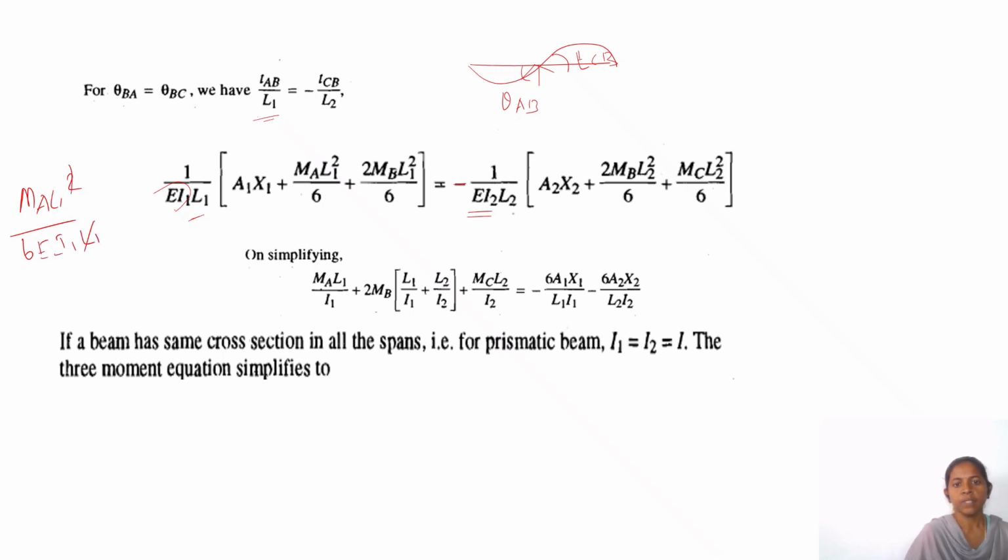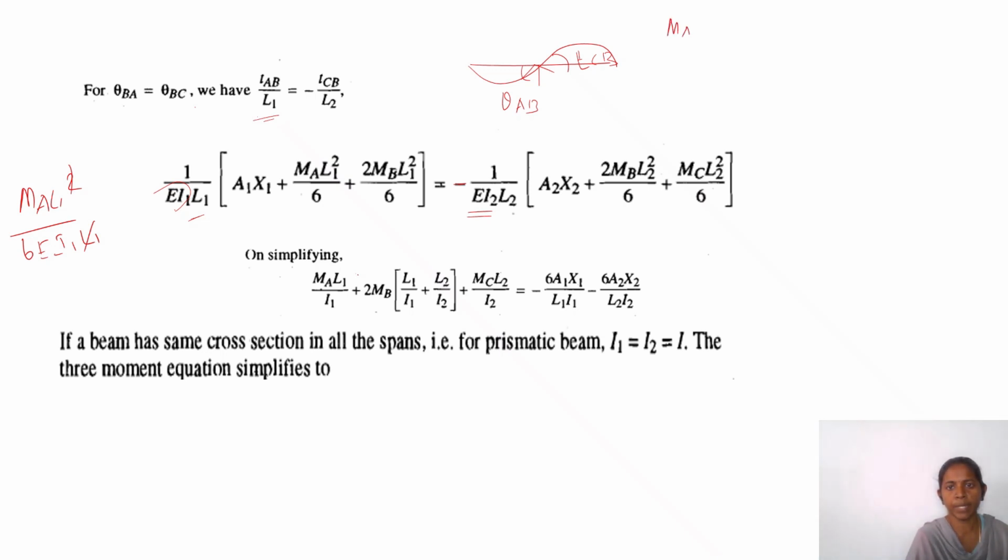So it is MA L1 by I1. So you take 6 outside, so that it is multiplied to the other side. So first, you bring that A1 X1 to any one side, and MA, MB and MC to any one side.